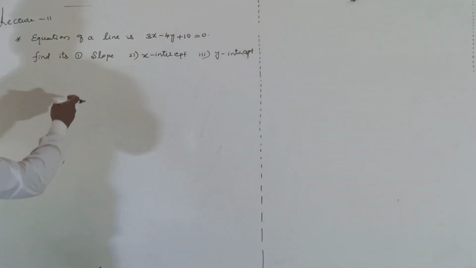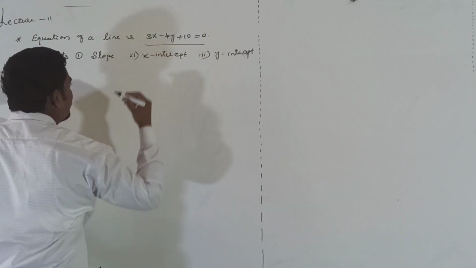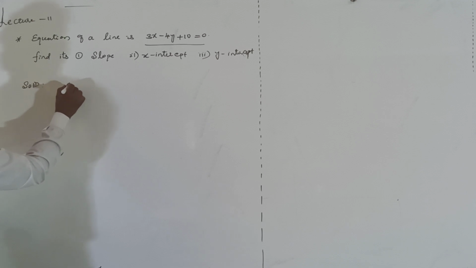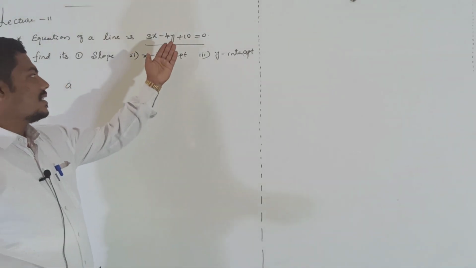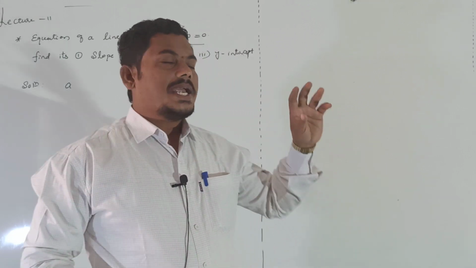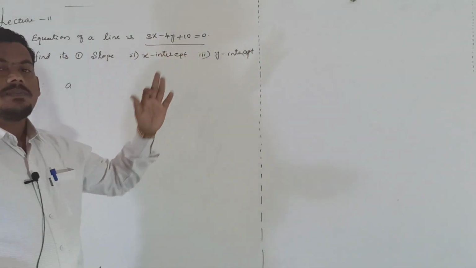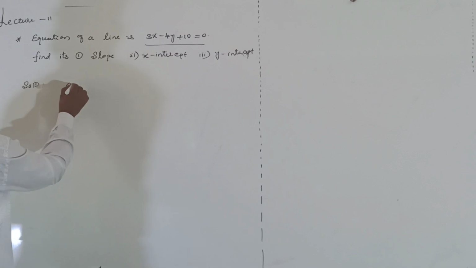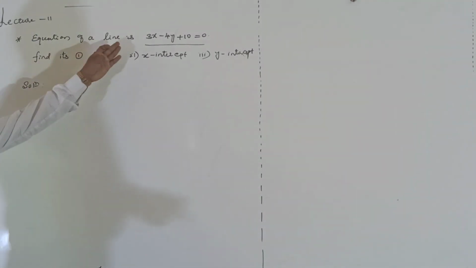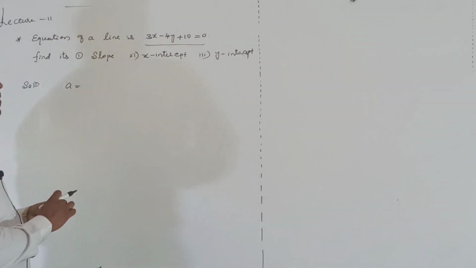Comparing with the standard or general equation of the straight line, tell me what is small a value. Clearly it is of the form ax plus by plus c equal to 0. Hence small a value is 3.